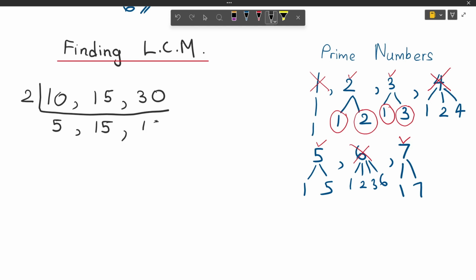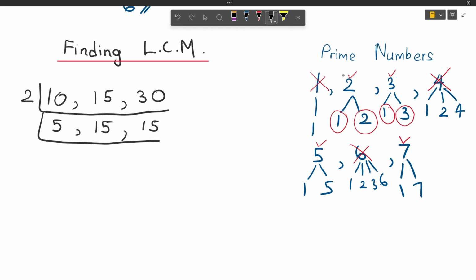We get the answer 15. Now we check whether we can divide any one of these 3 numbers by 2. We can't divide 5 exactly, and we can't divide 15 exactly. So we can't use 2 again.